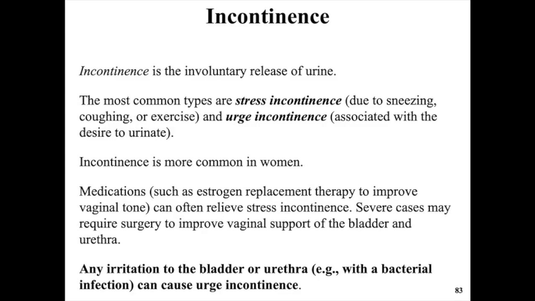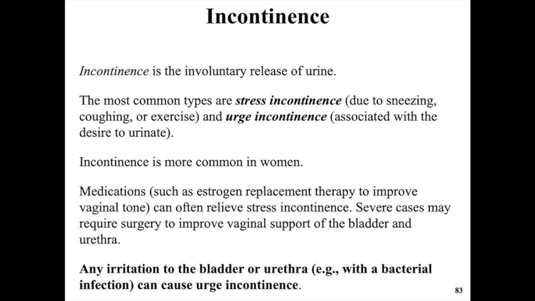Incontinence, just a little clinical note, can be seen as any problem of involuntary release of urine. That could be what is called stress incontinence, which is basically when someone coughs, laughs, or increases the abdominal pressure, and there's leaking of urine. But there's another kind of incontinence that is urge incontinence. Urge comes from the concept of urgency.